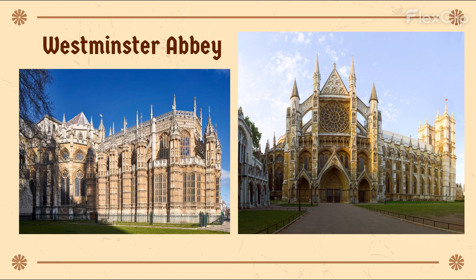The church wasn't a part of the Roman Catholic denomination and exists as the church in England. The structure lasted multiple decades to build, but was completed in 1269. This was one of the most prominent Gothic churches in the world.